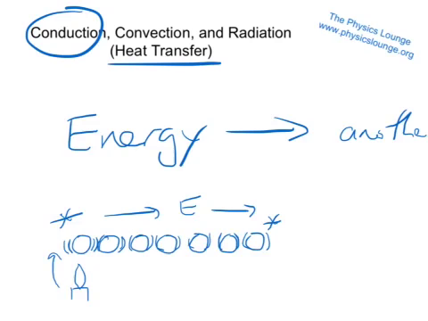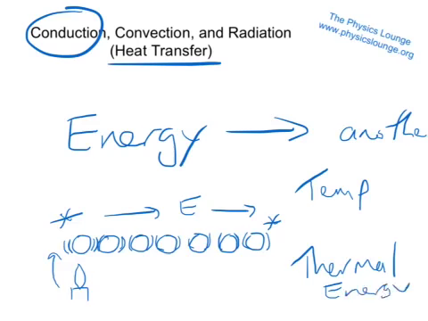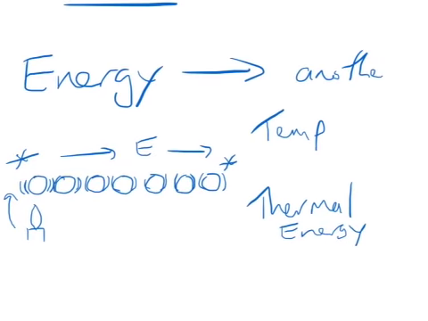Another important thing to talk about is that temperature is different from thermal energy. When we're dealing with concepts in a physics sense and not in a layman's sense, temperature is what we talk about when we talk about the average kinetic energy of the particles.